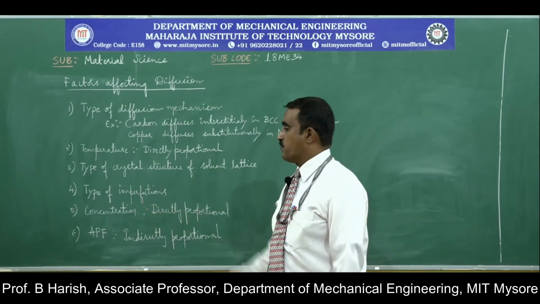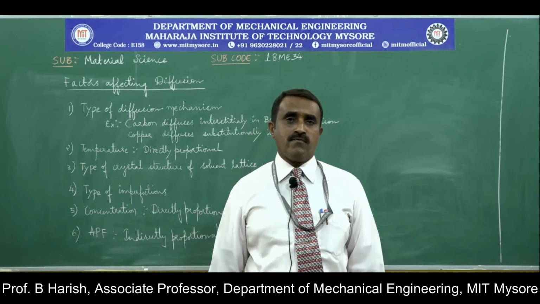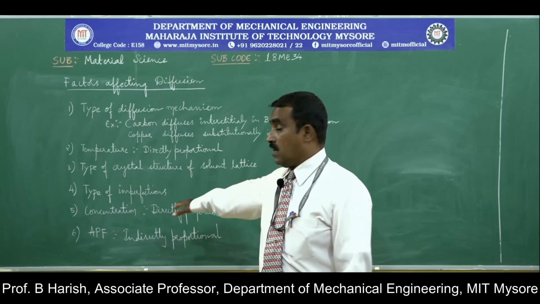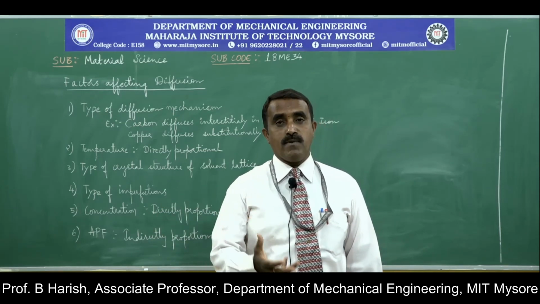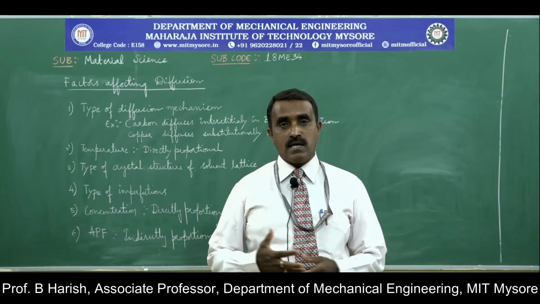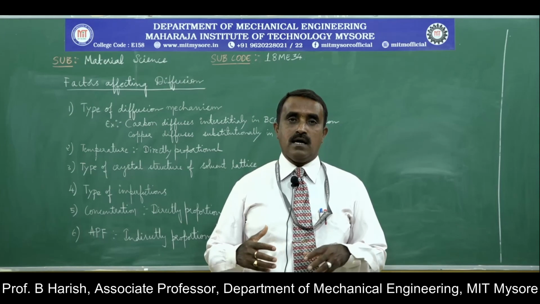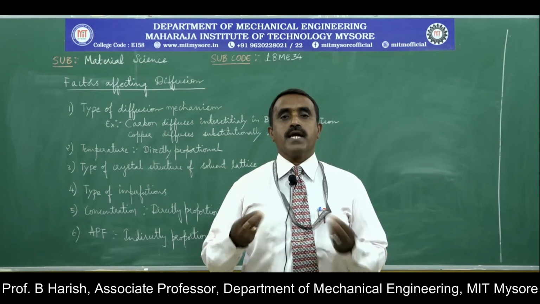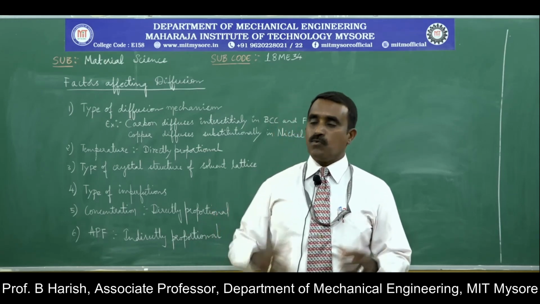Then types of imperfection. We have discussed all the types of imperfection present: whether it is vacancy, interstitial, or substitutional. In each case, the diffusion rate varies, that is, the rate at which the atoms get moved out.